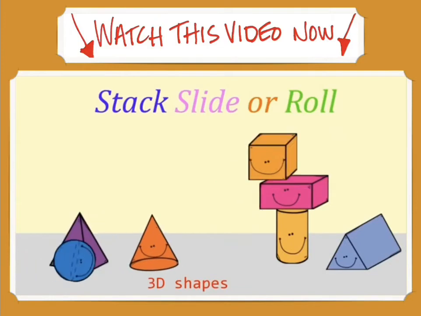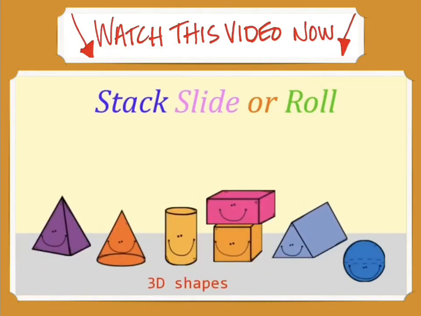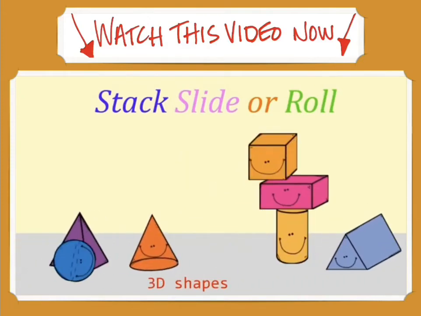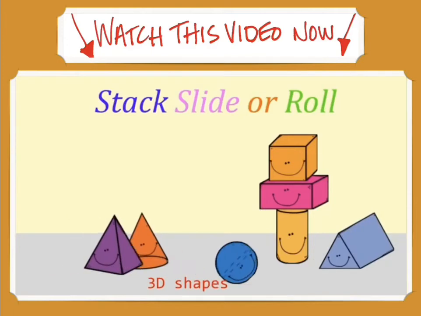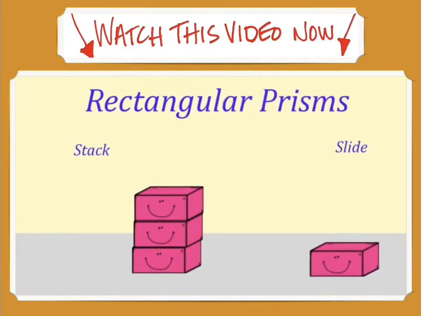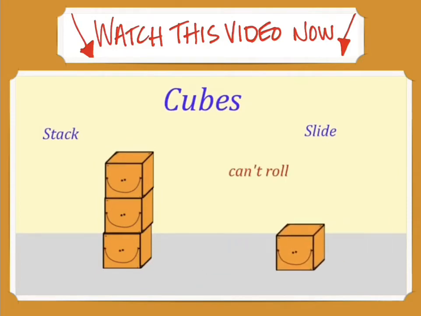Stack, slide, or roll. 3D shapes, they can stack, slide, or roll. Rectangular prisms, they can stack and slide, but they can't roll. Cubes can stack and slide, but they can't roll.